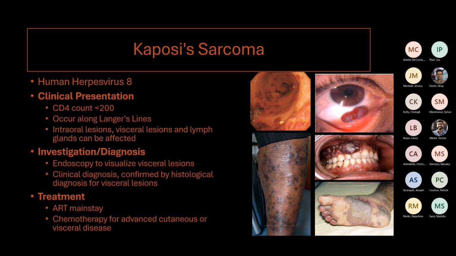Then you can do endoscopy and biopsy of visceral lesions to confirm the diagnosis of visceral Kaposi sarcoma. The mainstay of treatment is antiretroviral therapy to reduce your viral load and increase your CD4 count. If it's quite severe or visceral, you're going to treat with chemotherapeutics as well. You don't need to know the specifics about the chemotherapeutics.